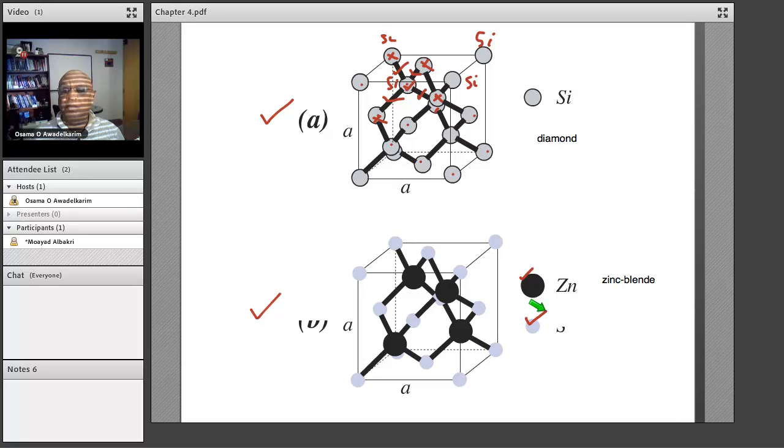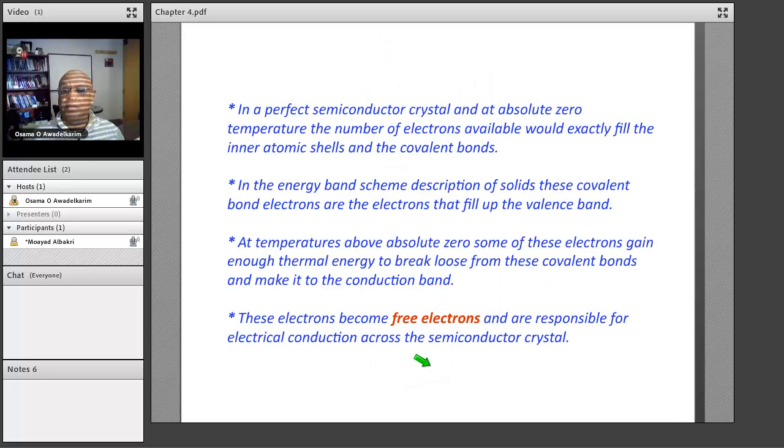So zinc and sulfur. Sulfur is group 6. So this is 2 and this is 6. Okay, so it's a group 2-6 compound. You can see here you have the zinc atom and here you have the sulfur atom, and you have the bonding. Each zinc atom is bonded to 4 neighboring sulfur atoms. So as you can see here, this zinc is bonded to these 4 neighboring sulfur atoms to form the network. So this is called the zinc blende.